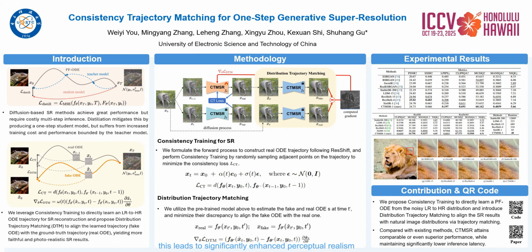This leads to significantly enhanced perceptual realism. Extensive experiments on both synthetic and real-world datasets demonstrate the superiority of our method. With minimal inference cost, CTMSR achieves state-of-the-art photorealistic SR results.